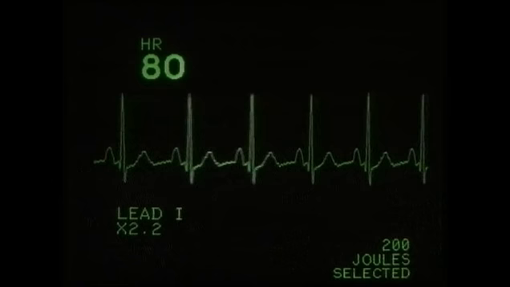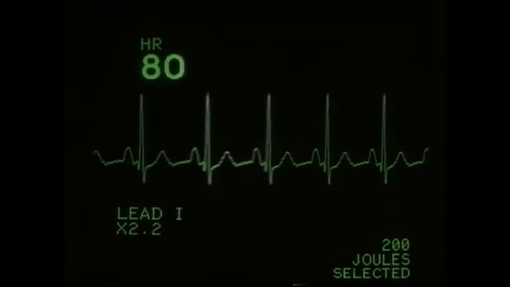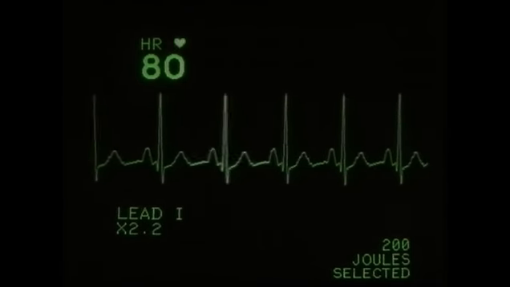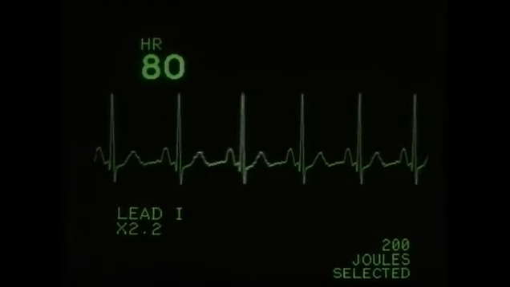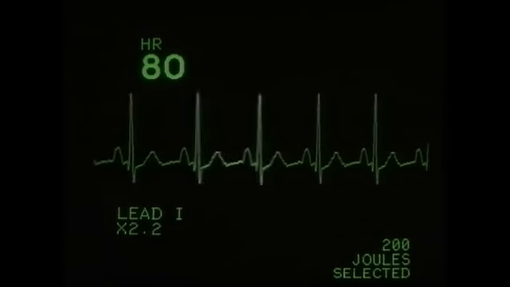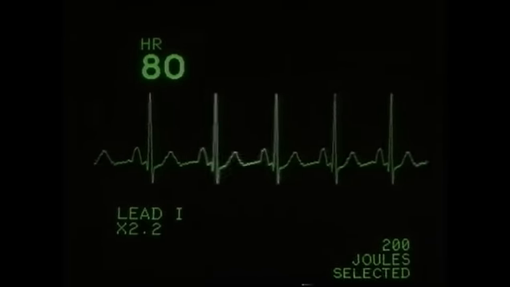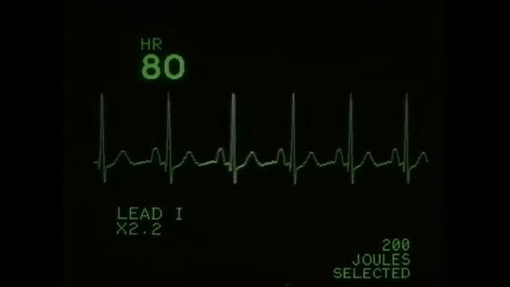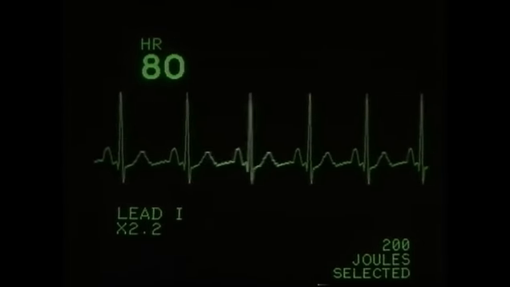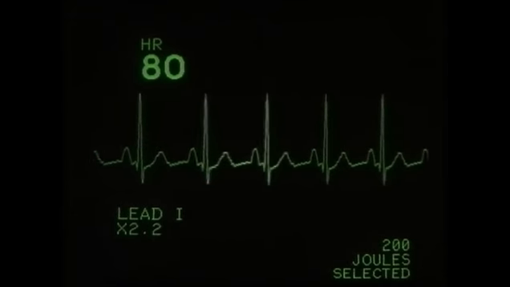So here we see a normal ECG rhythm detected as electrical activity from the surface of the body and displayed onto a monitor. And you can see here it's showing a heart rate of 80, which is acceptable. Now, to understand why we get this pattern, first let's consider the activity of a single myocardial cell.